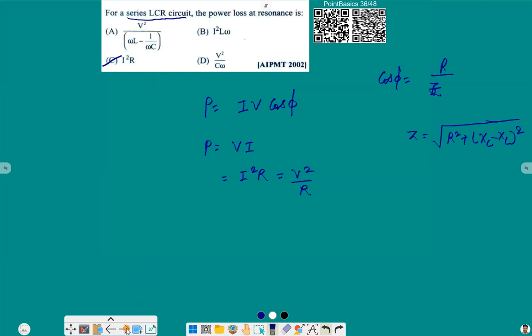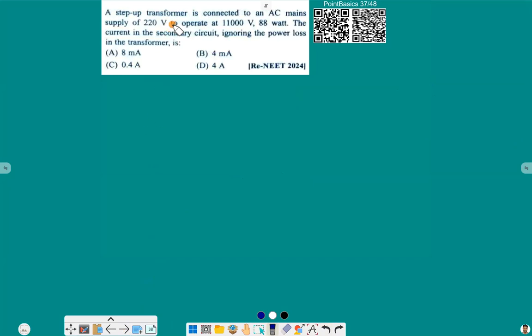Let's move to the next one. A step-up transformer is connected to AC mains of supply 220 volt, so input is 220, and operates at 11,000 volt, 88 watts. The current in the secondary circuit, ignoring the power loss.